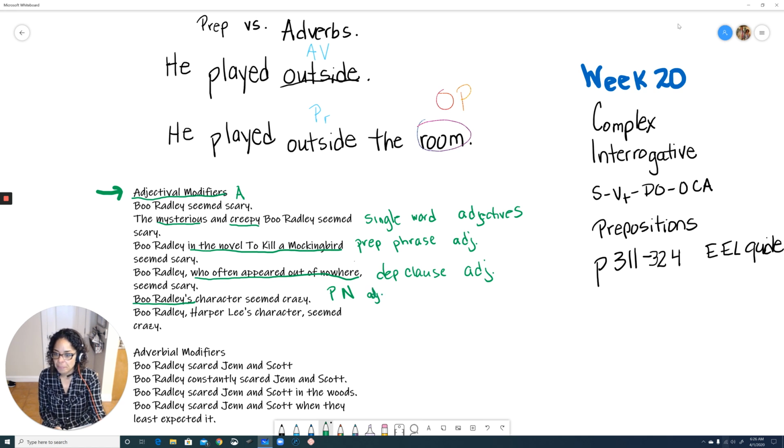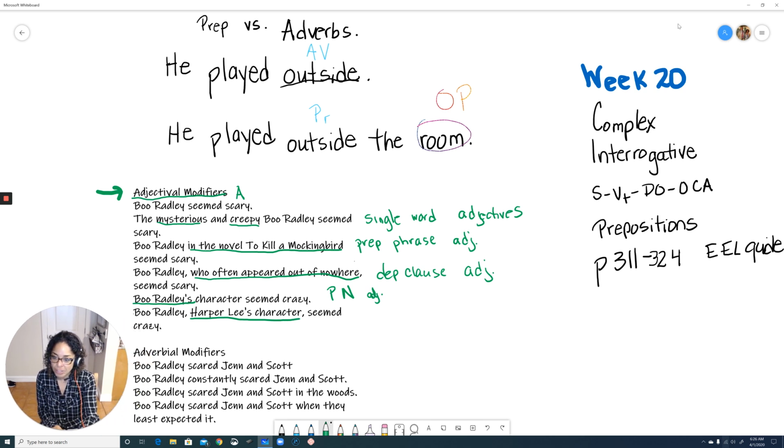So interesting, right? And in our last example for adjectival modifiers, Boo Radley, Harper Lee's character, seemed crazy. So we have an example of an appositive renaming the subject, Boo Radley.